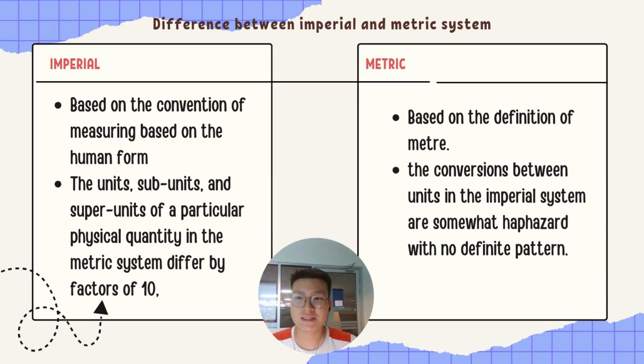Furthermore, the units, subunits, and superunits of a particular physical quantity in the metric system differ by factors of 10, while the conversions between units in the imperial system are somewhat haphazard with no definite pattern.